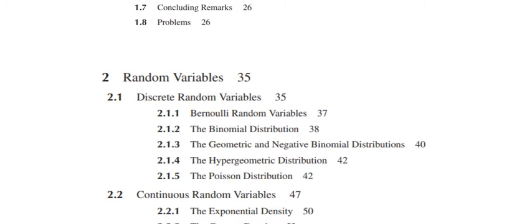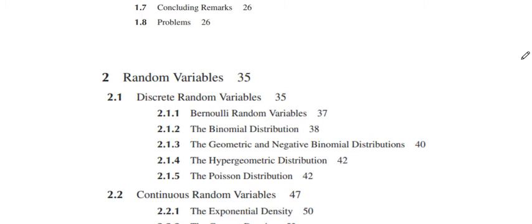For distribution, we have discrete distribution and continuous distribution. Here we imagine some typical distributions. For discrete distribution, we have Bernoulli distribution. The Bernoulli distribution is just a 1-0 distribution, like trying one time.